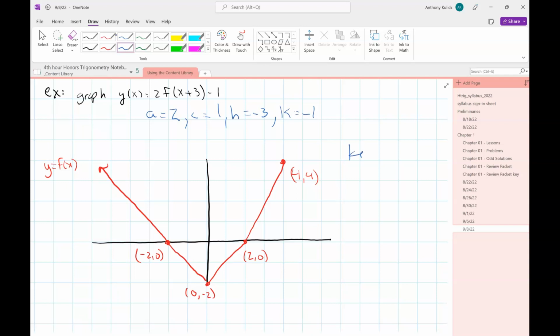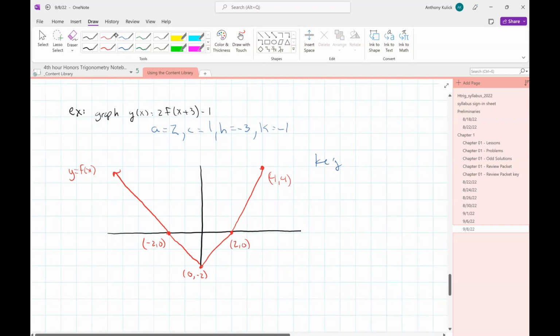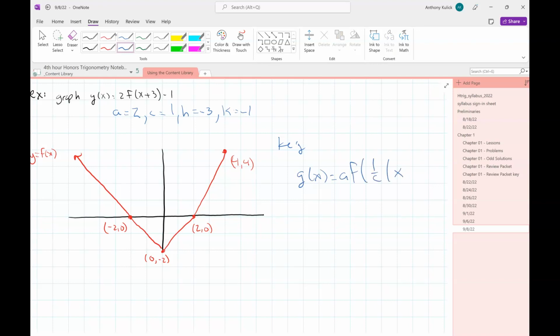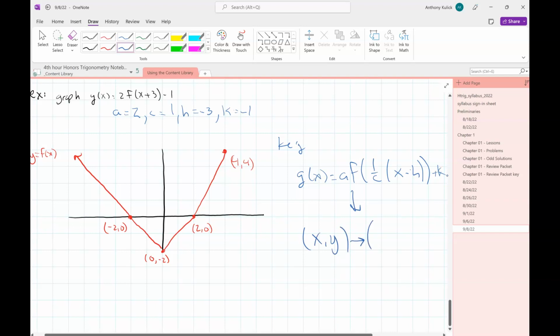Here's the key idea. This transformation is equivalent to this map.